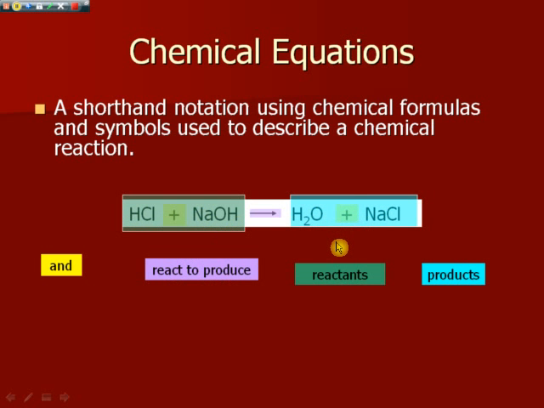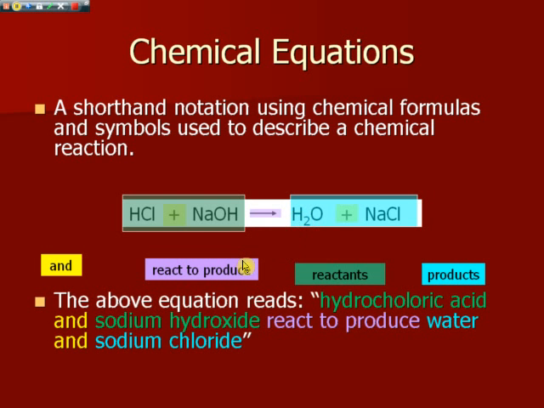Now, it's great to have this shorthand notation, but you wouldn't read this as HCl plus NaOH arrow H2O plus NaCl. In fact, you would use the substituted terminology to come up with an equation that reads hydrochloric acid and sodium hydroxide react to produce water and sodium chloride.